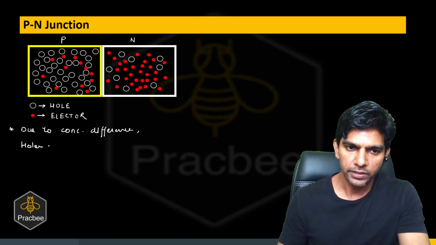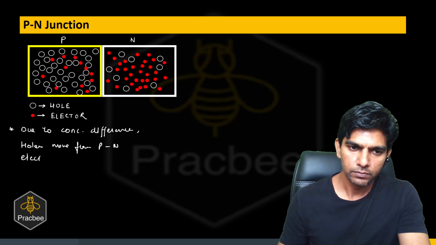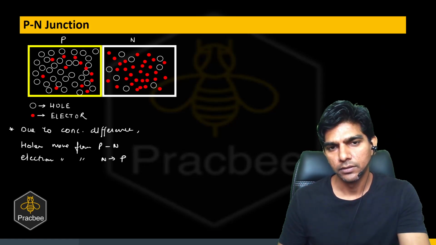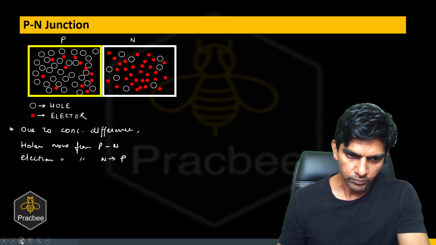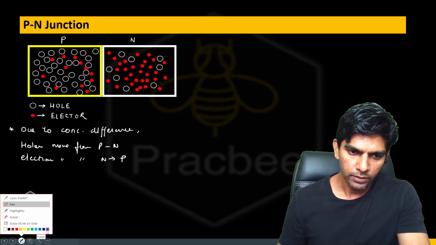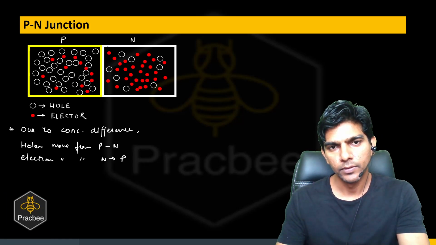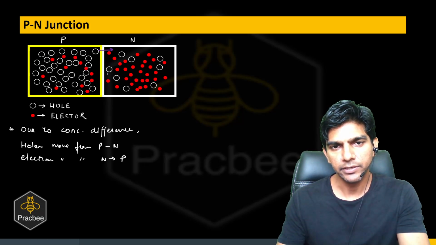Holes move from P to N, and electrons move from N to P, right? So that thing will happen, and due to this there will be a current. So holes are moving from left to right, electrons are moving from right to left. So can you see there is a current which is from P to N side?